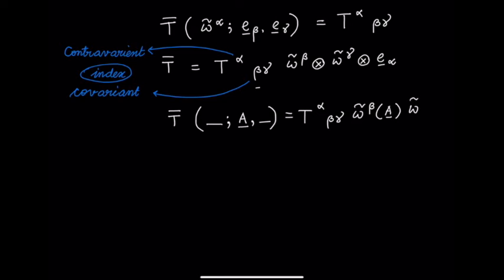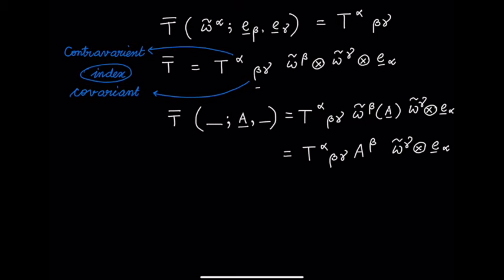And once I have put in these things in the slot, obviously that outer product disappears because this will now become a number, a scalar. That is what a tensor does. The one form W tilde beta will bring out the beta component of the vector A. So I will be left with this.